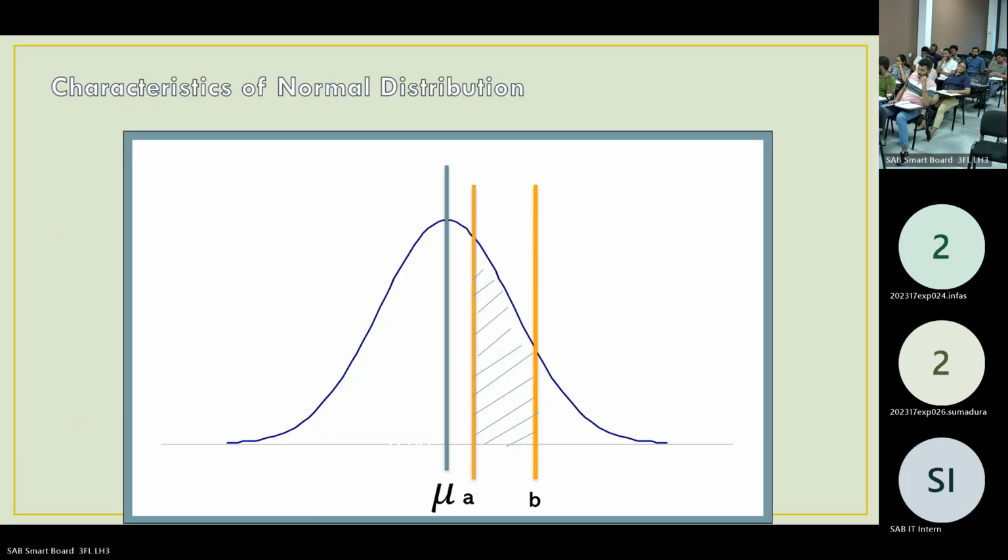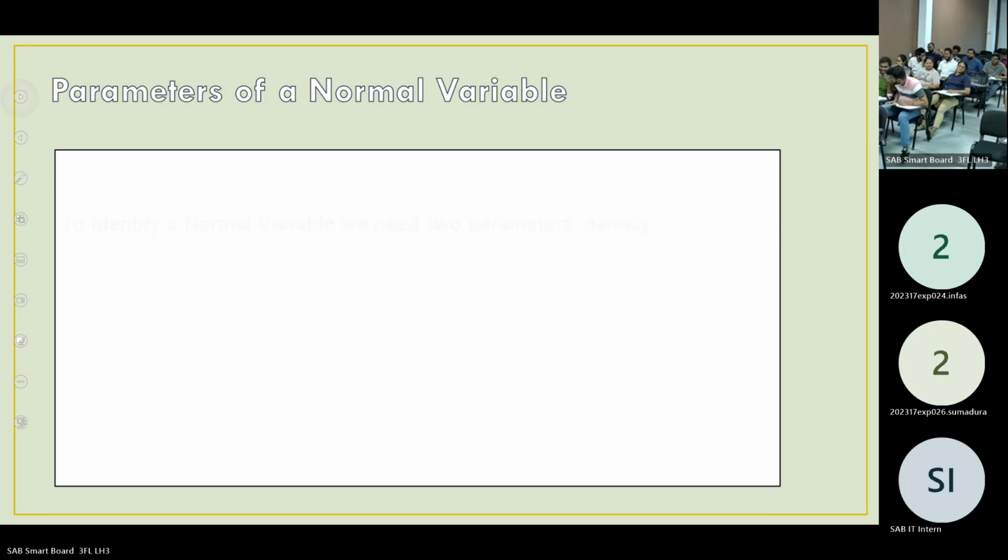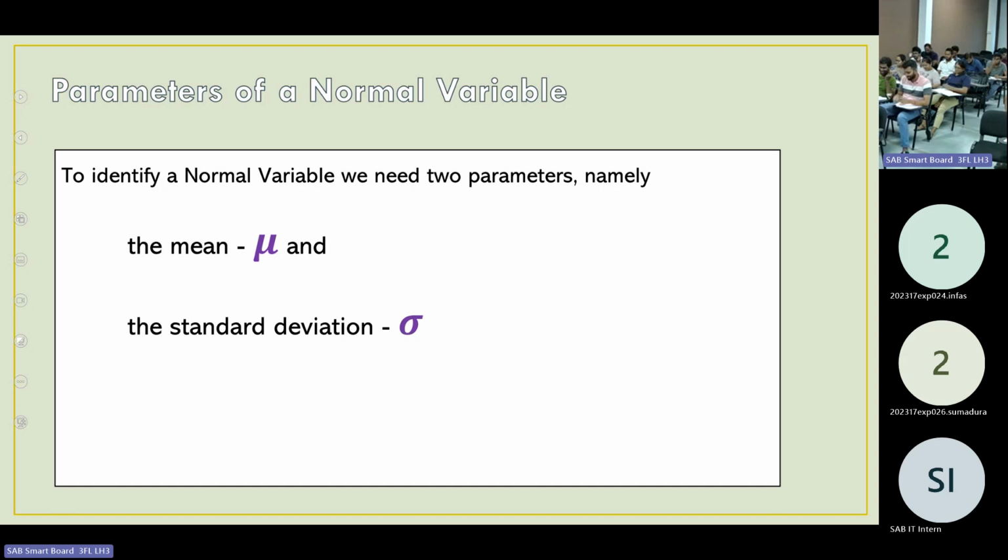Next paragraph, write down. To identify a normal variable, we need two parameters, namely the mean, mu, and the standard deviation, sigma.